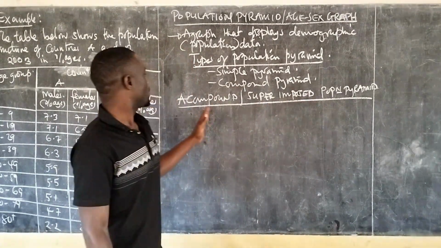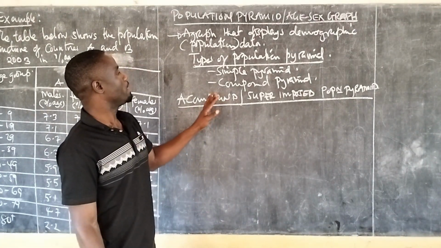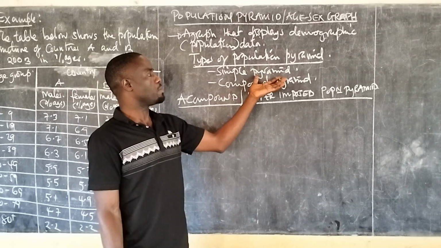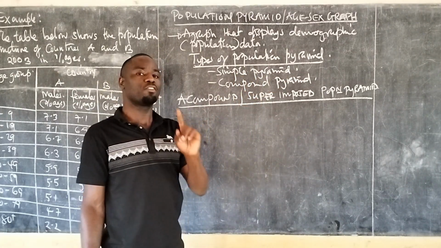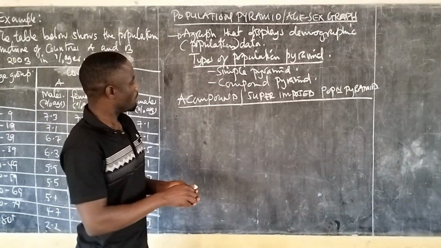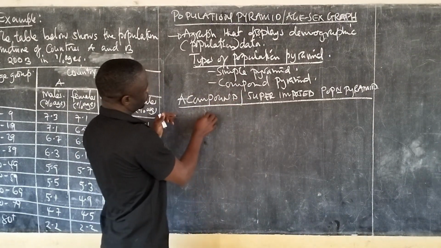It is drawn the same way we draw a simple population pyramid. The only difference is that we are going to have more than one population data on the same graph.